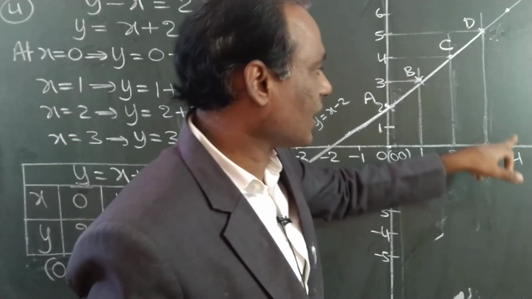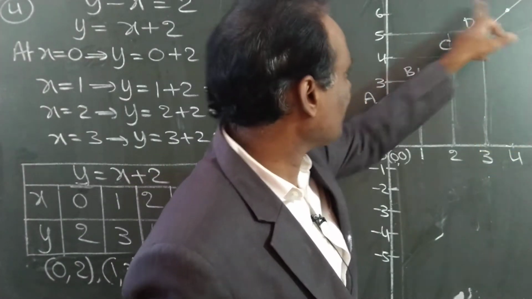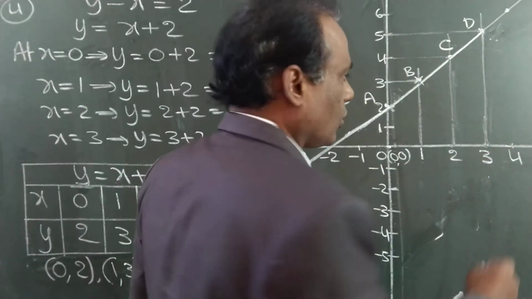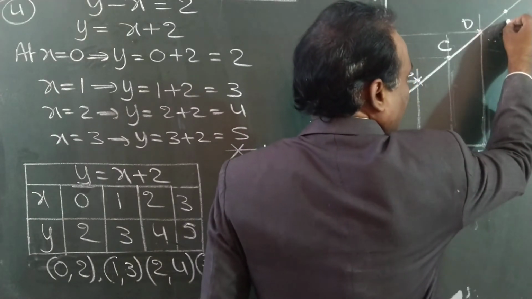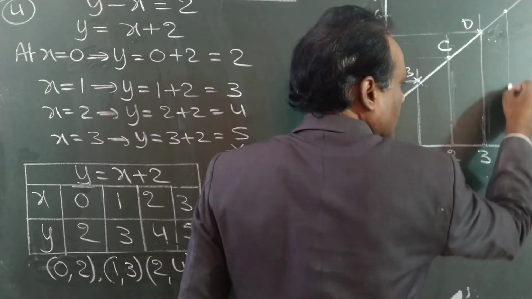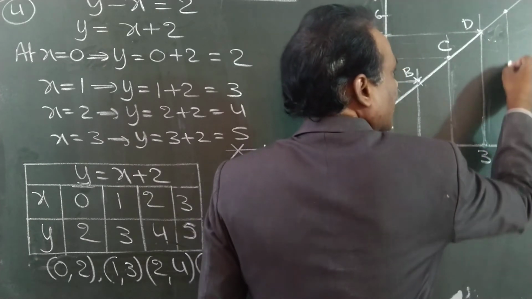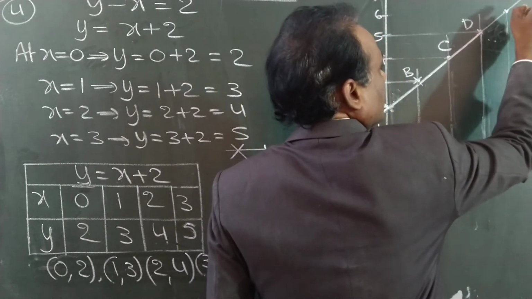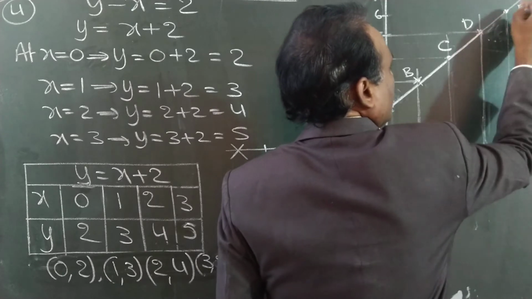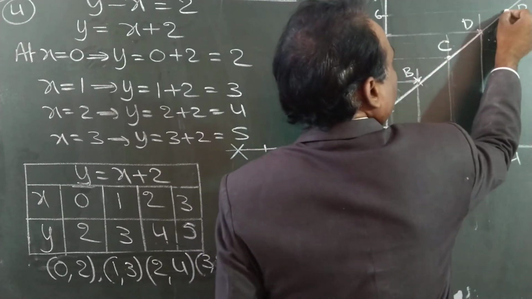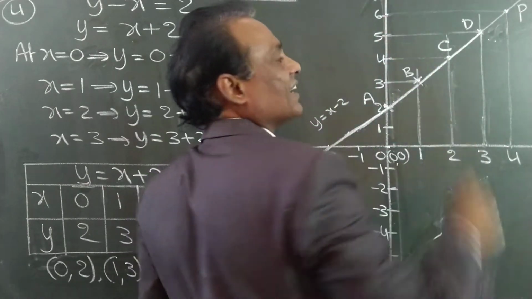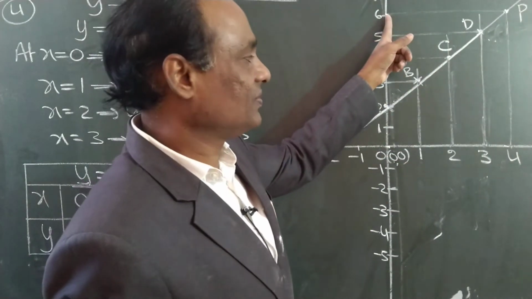As per the graph, definitely the y value will be 6 only. In the graph there will be vertical lines like this. See here, where it is meeting, say it is P. Take the horizontal line and see the y value there.